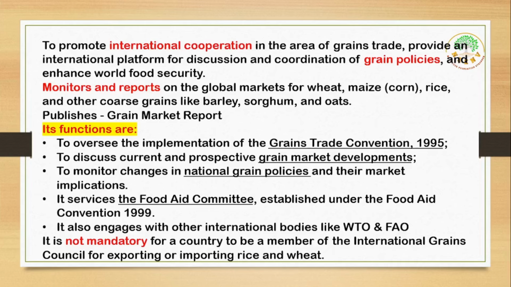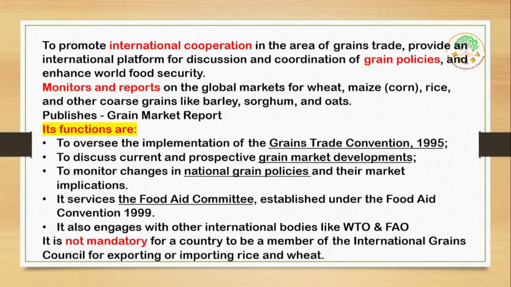The main function is to promote international cooperation in the area of trade of grains, food grains, provide a platform for discussion, coordination when it comes to policies regarding the grains, and to enhance the world food security.